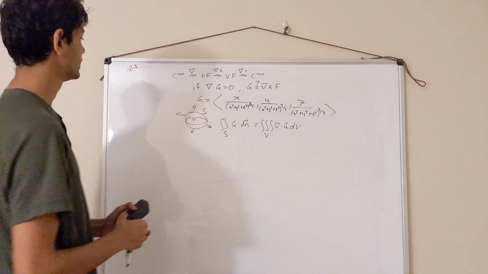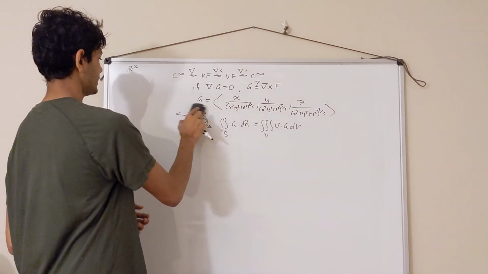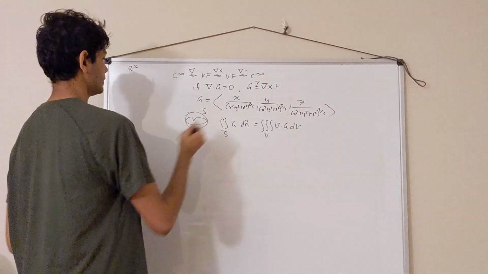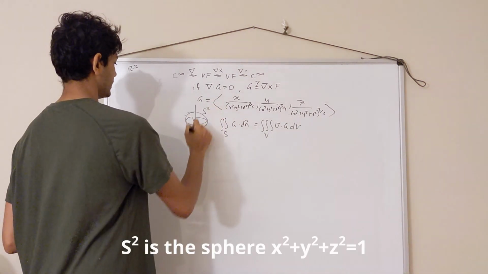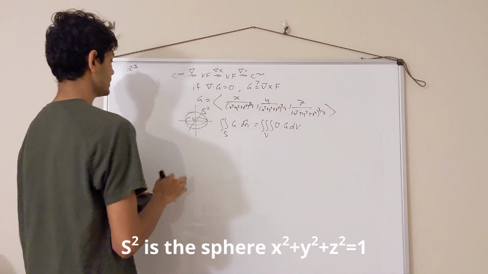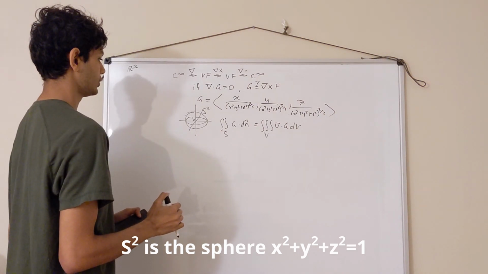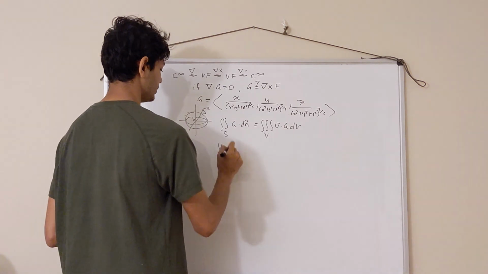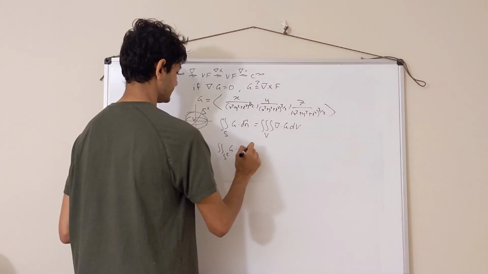So in this case, what we'll do is we'll simply take our surface S to be the unit sphere S2 in three-dimensional space. And so we can directly evaluate the double integral over S2 of g dot dn.